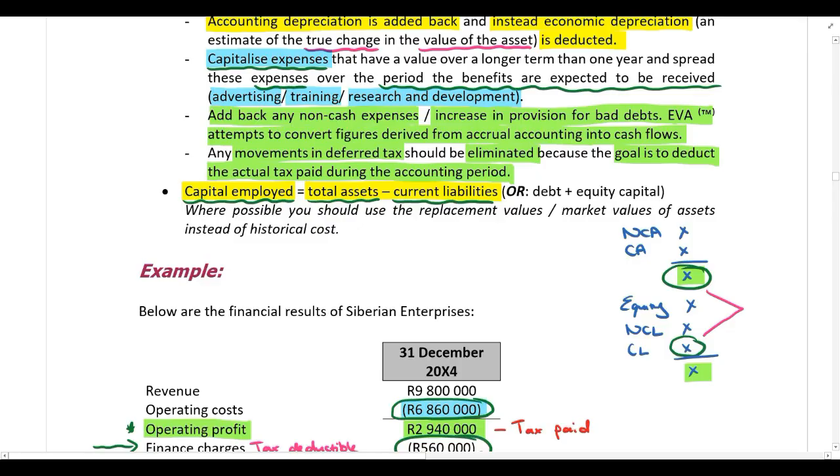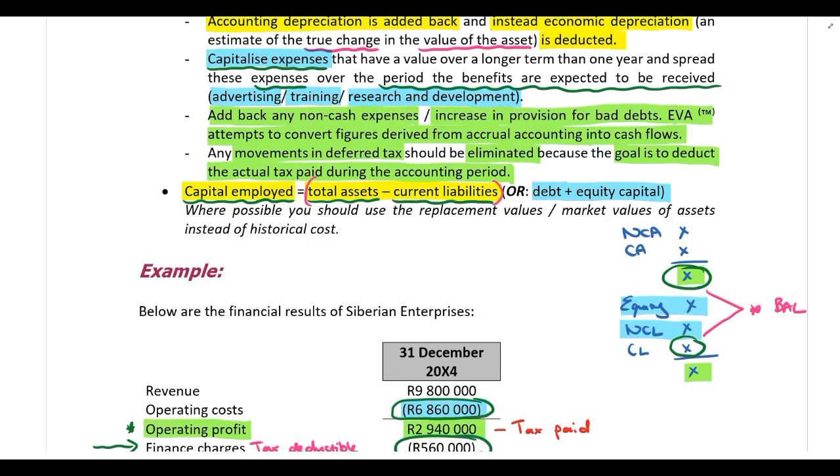So depending on how they give you the information in the question, either you perform the calculation by taking your total assets minus your current liabilities in order to get this balancing figure over here, or you can perform the calculation by taking the value of your debt, so your non-current liabilities, and adding the value of your equity. So obviously, regardless of the way you perform the calculation, you should get exactly the same answer.